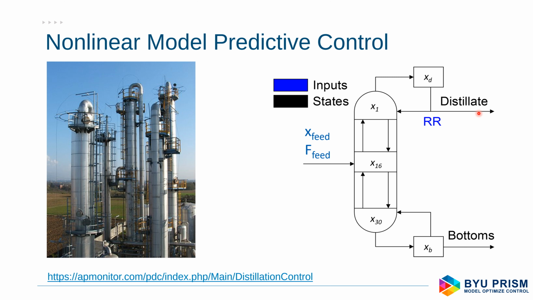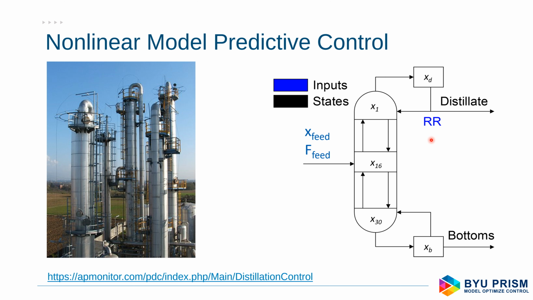Now you might have as your controlled variable, the one that you're trying to drive to a set point, the target composition coming out of the column. And you need to maintain that by adjusting the reflux ratio continuously because there are disturbances to your process.